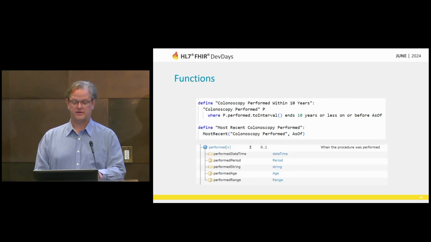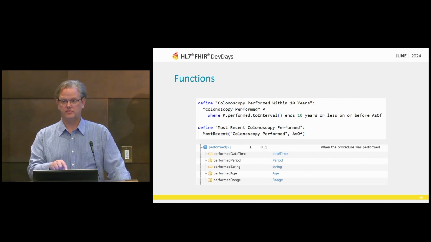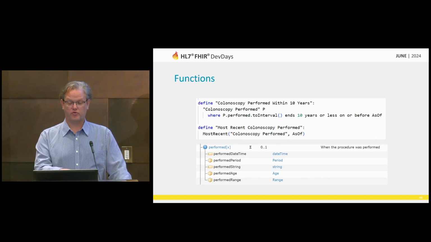And I use that throughout. Now, one thing we want to call out here is the performed element in a procedure in FHIR is represented in any number of possible ways. It can be a single date, it can be a range, it can be a string, an age, a period. So if I'm in that logic and I want to know whether the performed ends 10 years or less on or before, I have to account for all those different possible ways that the data might come in, because the FHIR resource lets me represent that.